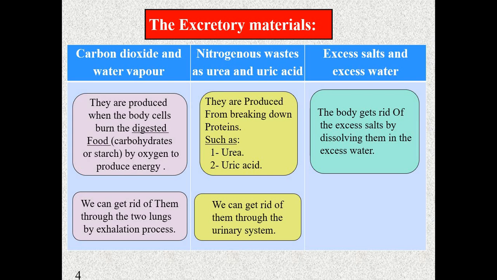And we said the solid waste, if you remember, is the stool, undigested food. So nitrogenous waste, as urea and uric acid, is produced when the body starts to get its benefit from proteins. So the wastes from breaking down proteins will be urea and uric acid, and we get rid of them through the urinary system.